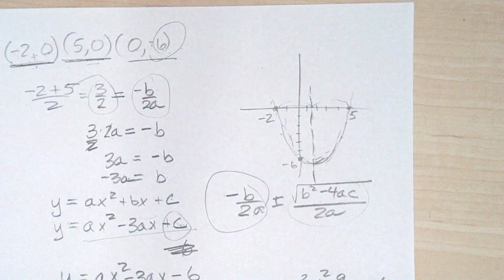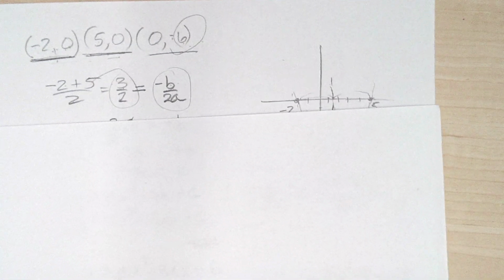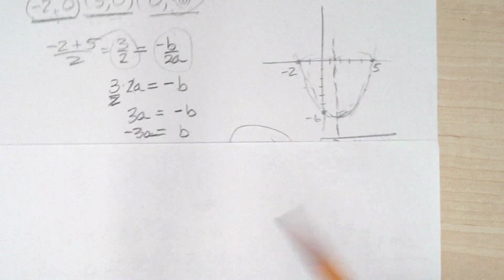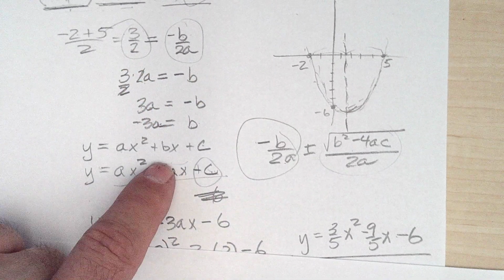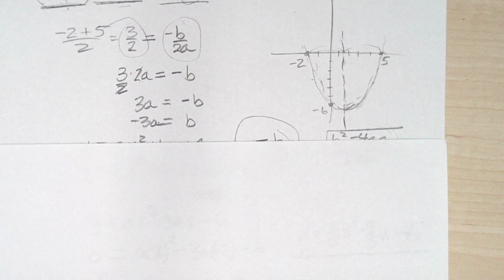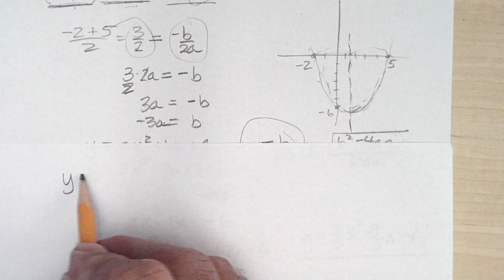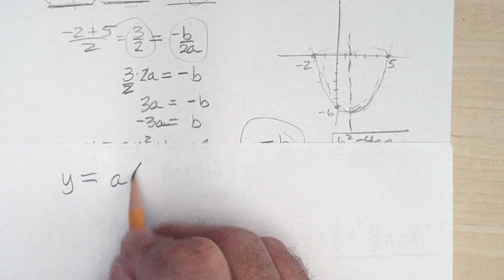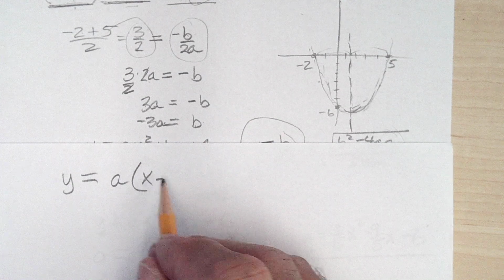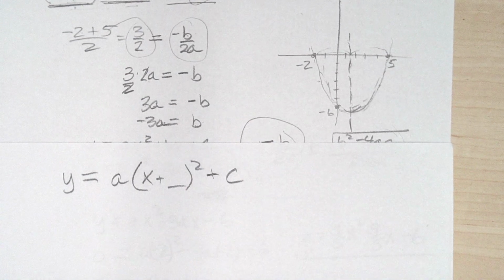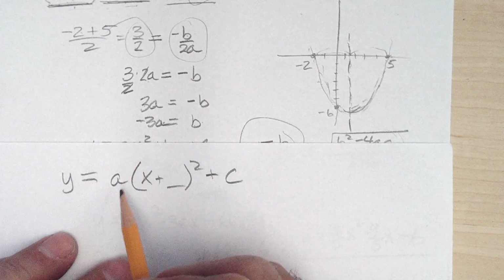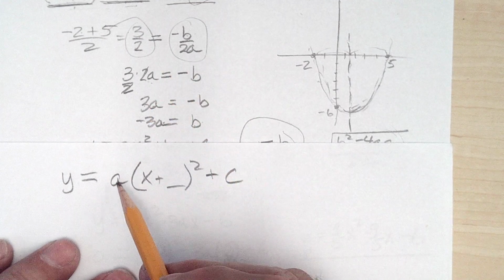Okay, now a third way. If I use not the general form, the ax squared plus bx plus c, but if I use the transformational form, y equals a times x minus something or plus something squared plus a constant. Now this is the same a as before.